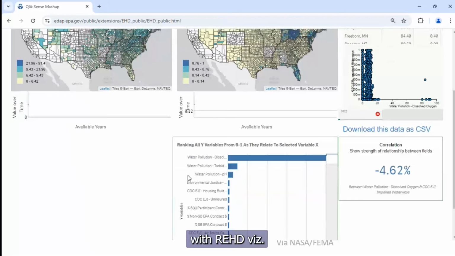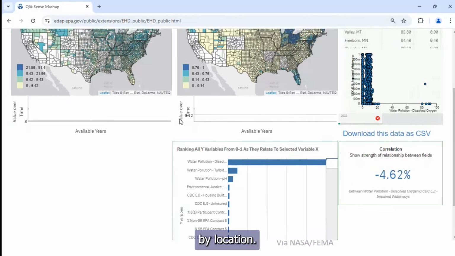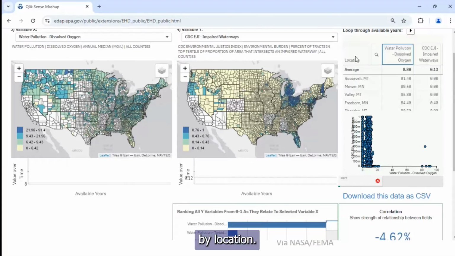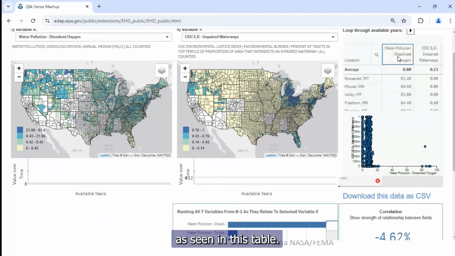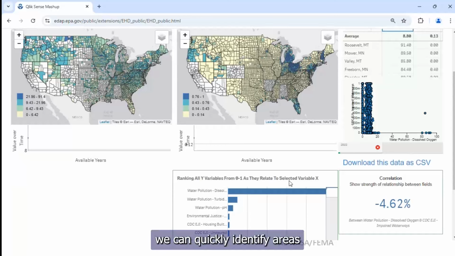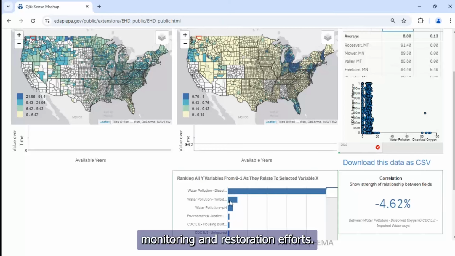With RedViz, we can sort the data table on the right by location from high to low or alphabetical order, as seen in this table. Thank you, Sala. Based on these DO levels, we can quickly identify areas under significant ecological stress, guiding targeted monitoring and restoration efforts.